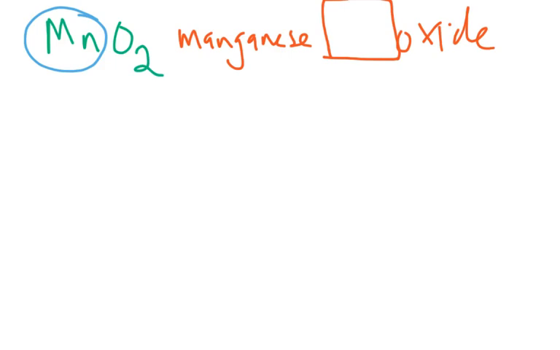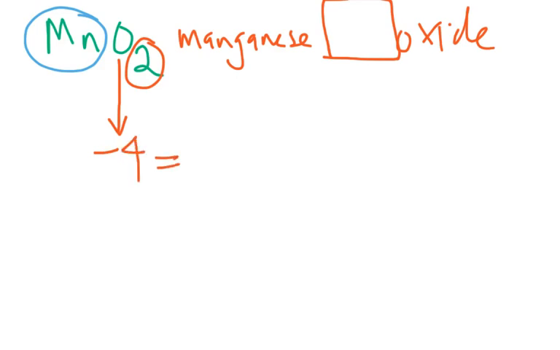The way we're going to determine the charge is by looking at the nonmetal. We know that one oxygen has a -2 charge, and here we have 2 oxygens, which means the total negative charge is -4.